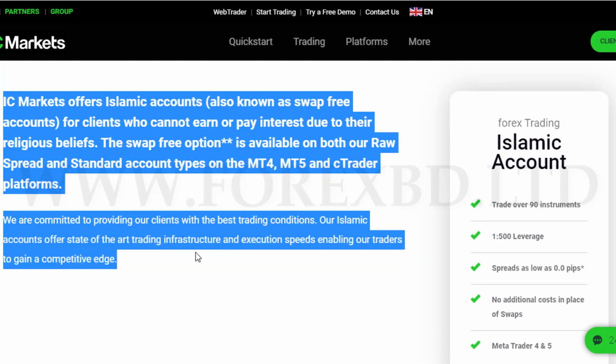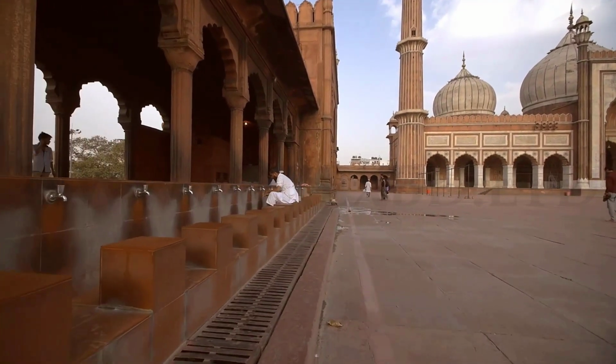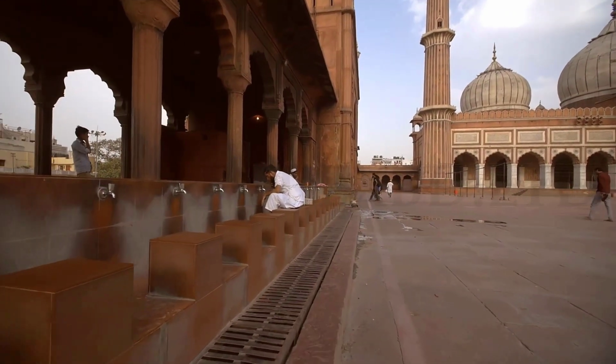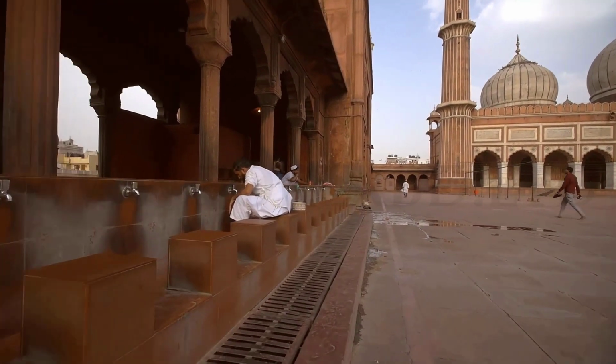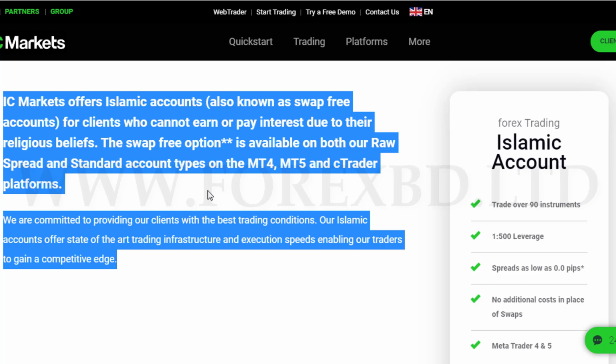So those who don't want to pay swap or want to collect swap can use a swap-free account. In this account, you don't have to pay commission. Swap-free accounts are primarily for Muslims who want to follow Islamic rules in forex, because this is prohibited under Sharia law. So since swap is not beneficial for us, you can use a swap-free account. Or if you want to trade with swap, then you can do it.